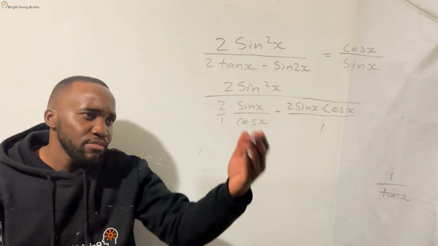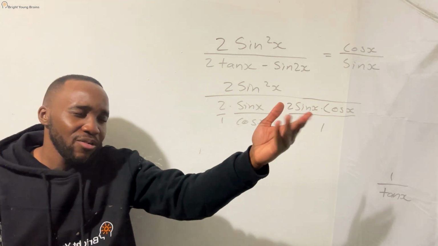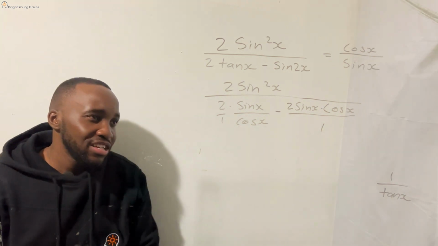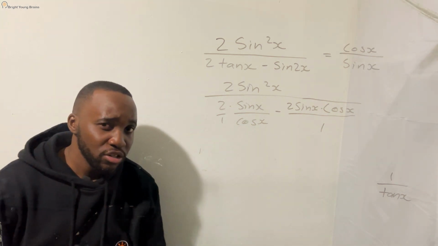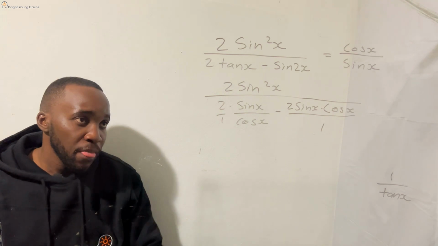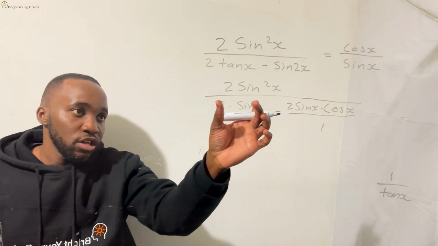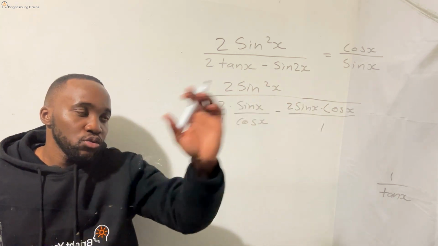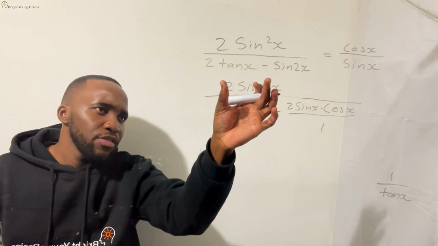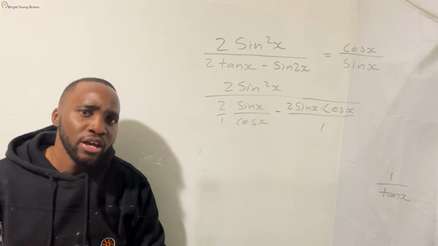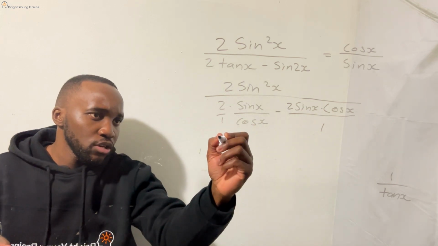Now obviously you can see me getting an LCD, that was going to do something, but it looks like it was just going to complicate the question first before it actually gets simple. So here let's just take out 2 sine x at the bottom. You see here there's a 2 sine x, we can take it out. There's a 2 sine x, we can also take it out. At the top we can actually also take out a 2 sine x. Okay, so let's do that.